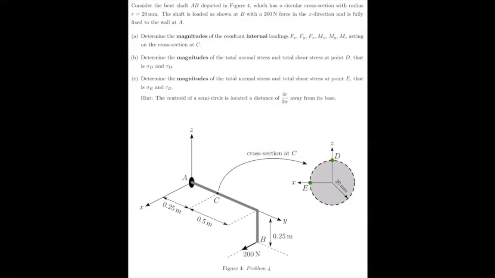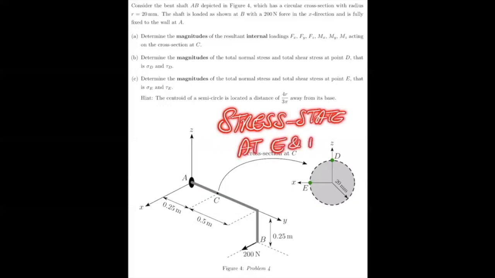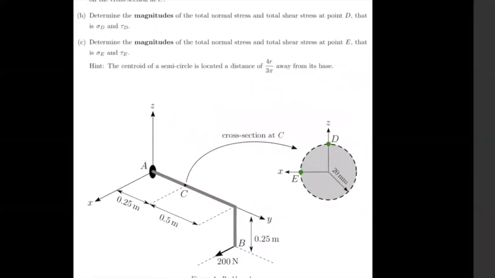All right, so basically what I am asking you to do is to calculate the stress state at points E and D. And in order to calculate the stress state at points E and D, you need to calculate the internal loadings, and that is the forces and moments at cross-section C. So you calculate all the forces and moments on that cross-section, then you calculate shear stress and normal stress at D and E. This is exactly what you need to do.